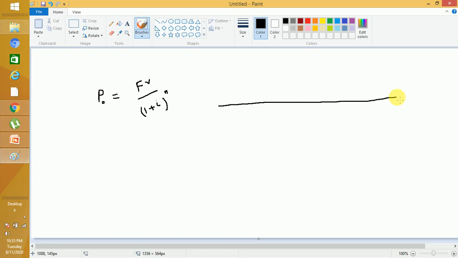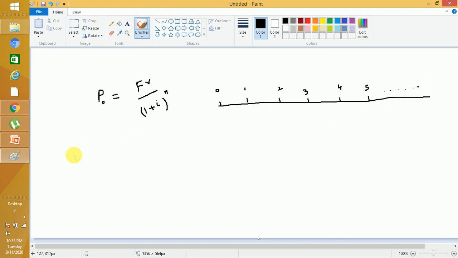Now, our bond timeline: 0, 1, 2, 3, 4, 5, and so on, it is going.